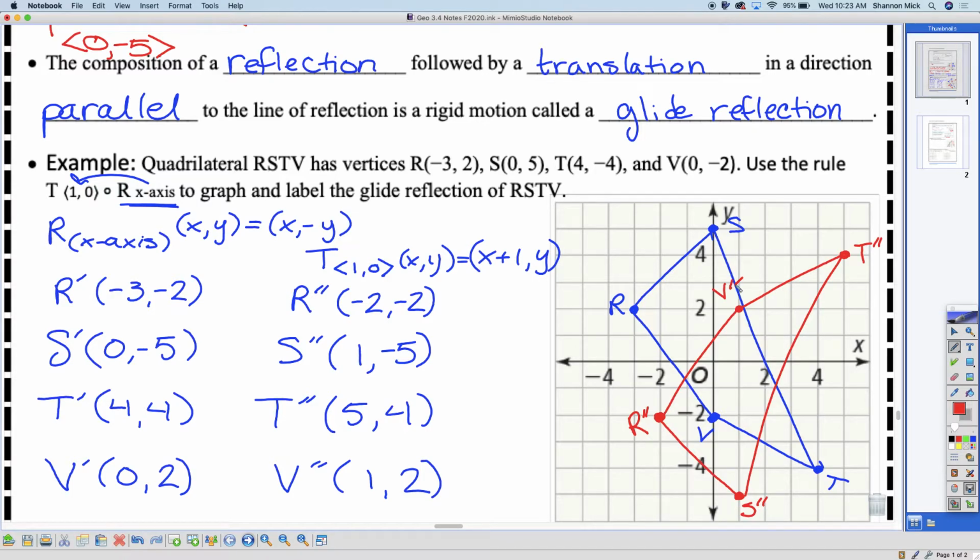Now, it almost looks like just a reflection, right? What's the one thing that makes it not a reflection? It's translated. If it was just a reflection, our double prime would be right here, wouldn't it? And it's not. It's translated over 1 unit.